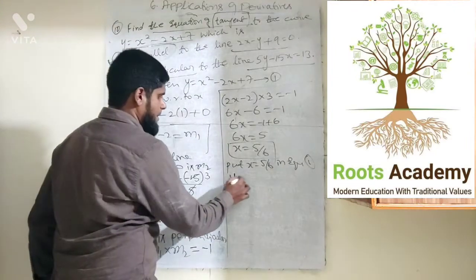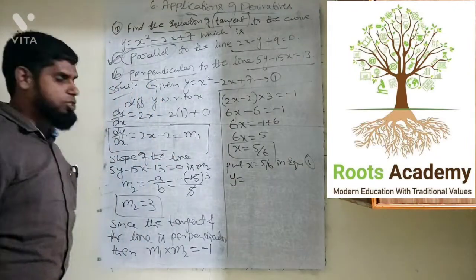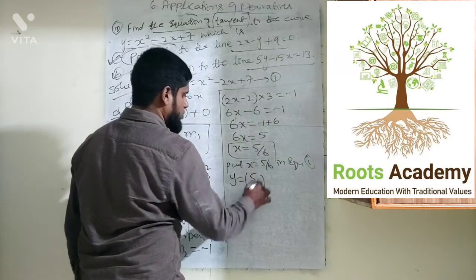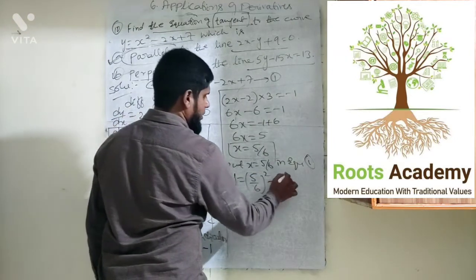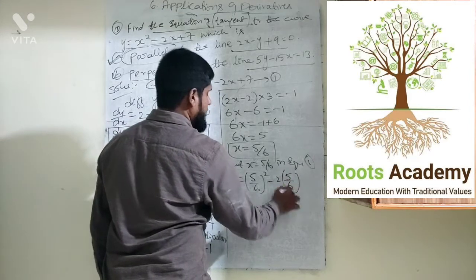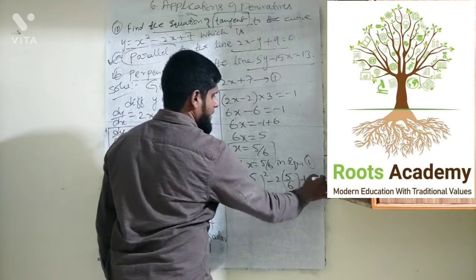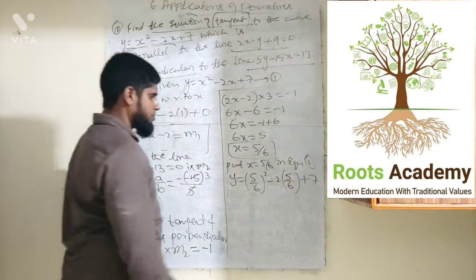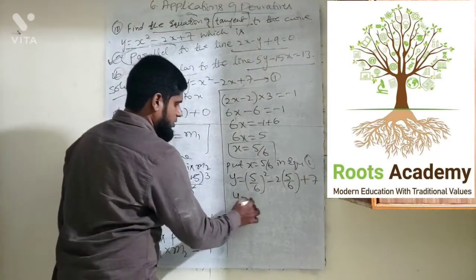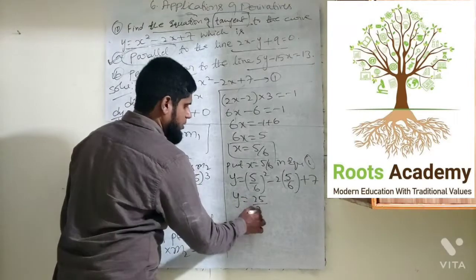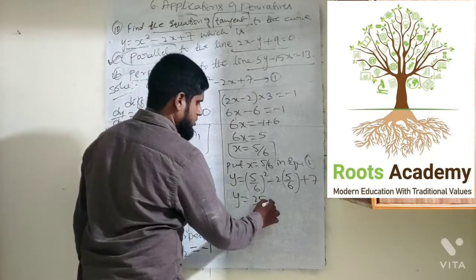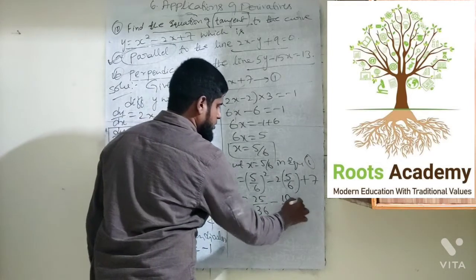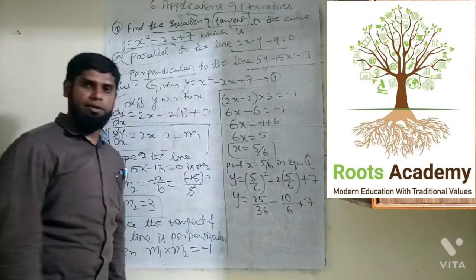What will I get? y is equal to 5/6 whole squared, minus 2 times 5/6, plus 7. So y is equal to 25/36 minus 10/6 plus 7.